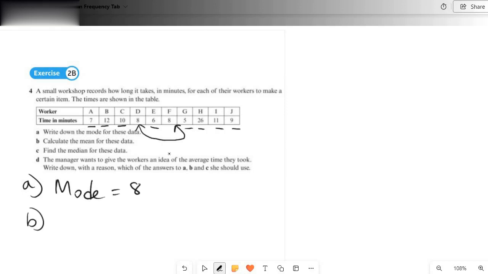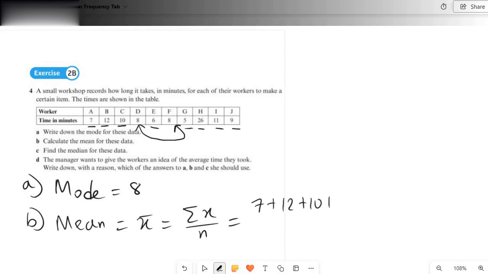For part B, we have to calculate the mean for this data, and if you remember, the mean, x̄ or x dash, is equal to Σx / n, and in this case Σx is simply going to be the addition of all these terms. So 7 + 12 + 10 + 8 + 6 + 8 + 5 + 26 + 11 + 9.